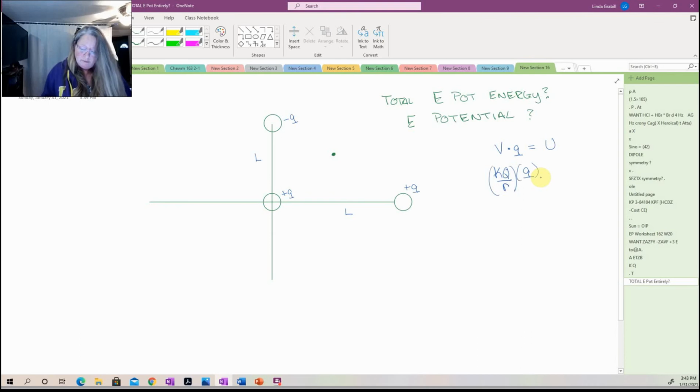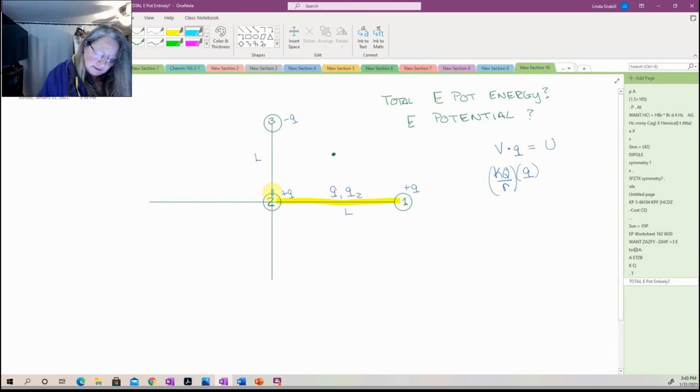How on earth are we going to apply that to figure out what the potential energy of this system is, and what r am I looking at? Well, what you're looking at is the interaction between each of these charges and each other. Let's label these as charge 1, 2, and 3. This would be Q1 interacting with Q2.